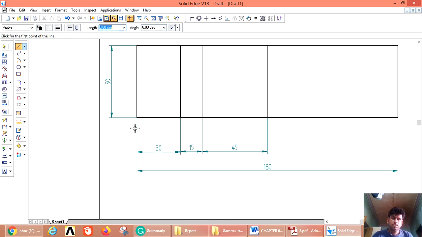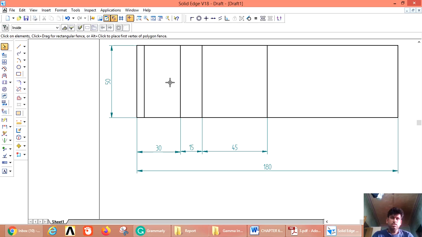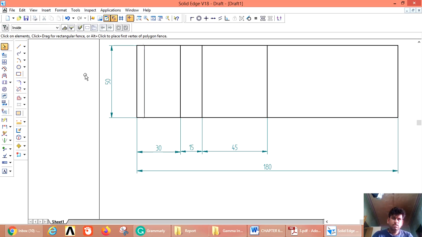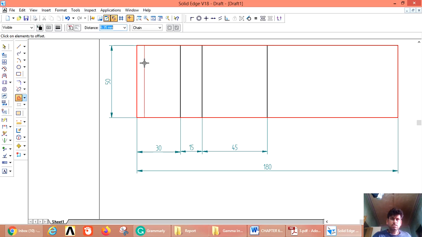From here I want to take 5 mm. This should be a light line, and offset by a distance of 5 mm.